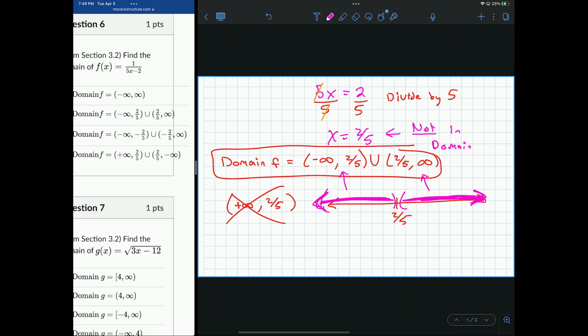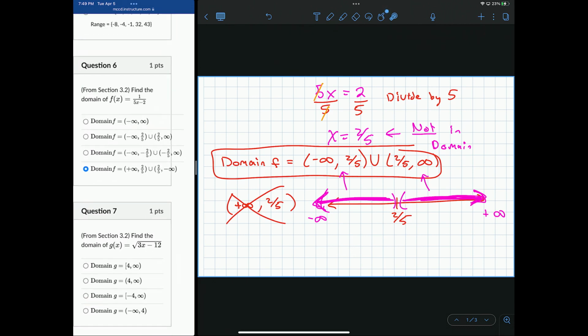That should be an arrow, right? Out this way is negative infinity, and out this way is positive infinity. So negative infinity is on the left of 2/5, so you have to have it this way, not this way. Positive infinity is on the right, so it has to be 2/5 up to positive infinity, like this, right? If you switch the order around like this, you're writing it incorrectly.